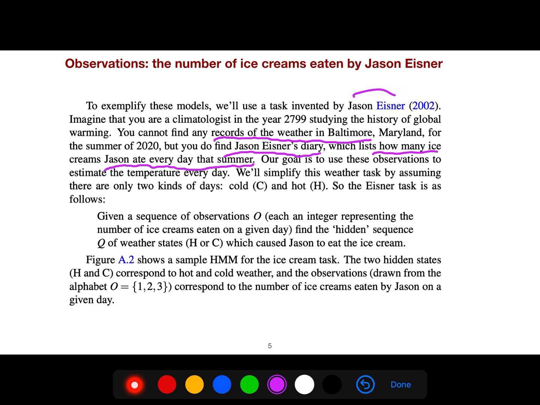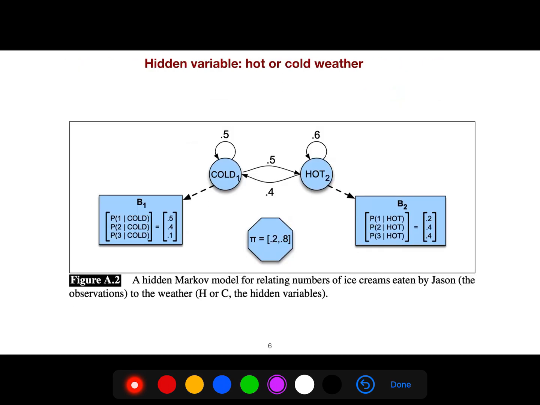And from that, you want to infer that, for example, it is a hot day or it is a cold day. So our observations are just the number of ice creams that he has eaten. But what we want to infer is whether it is a hot day or a cold day.